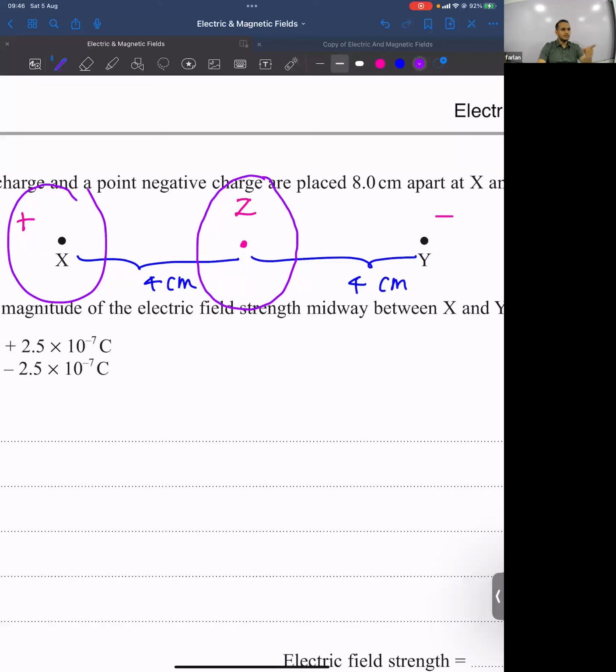It's right. You're telling right. Yeah, that's correct. Or you can think of it like this, guys. Electric field strength means the force acting per unit charge on a positive charge.